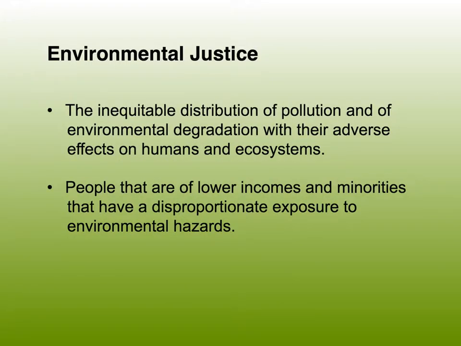Environmental justice. The inequitable distribution of pollution and environmental degradation with their adverse effects on humans and ecosystems. So what that means is if we mess up the air, if we mess up the water, we might have ways of filtering that stuff out for our local biome, right, or our local ecosystem environment that we live in. But as we're about to find out in the next couple chapters when we look at Earth cycles, right?